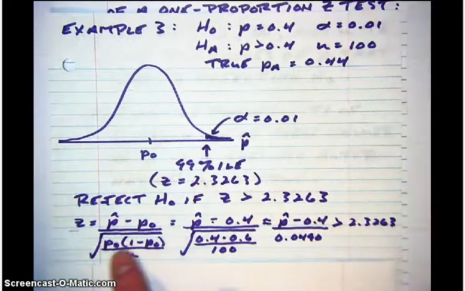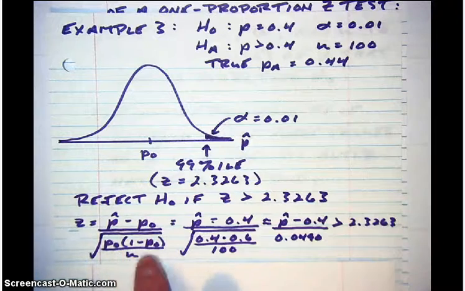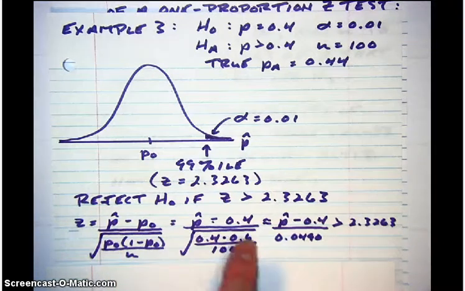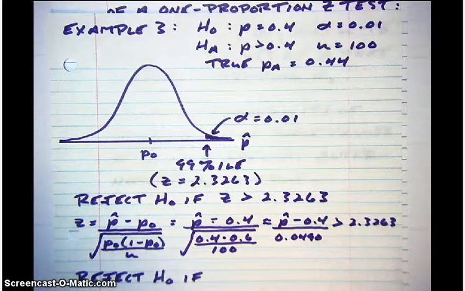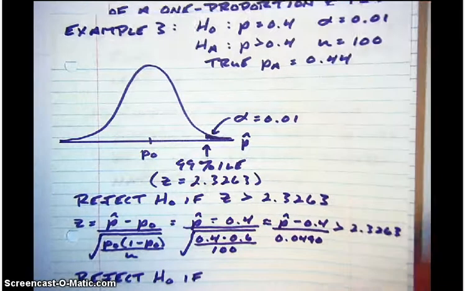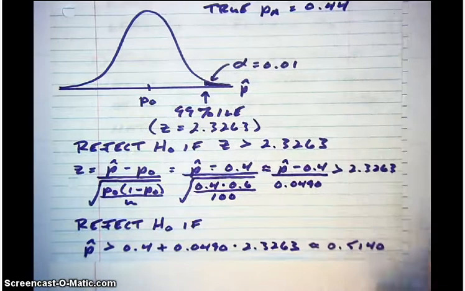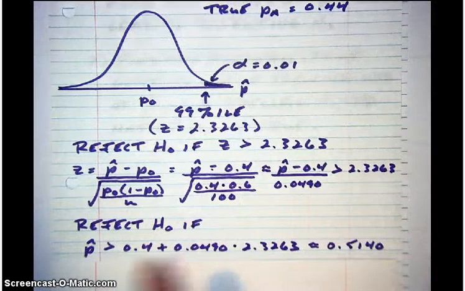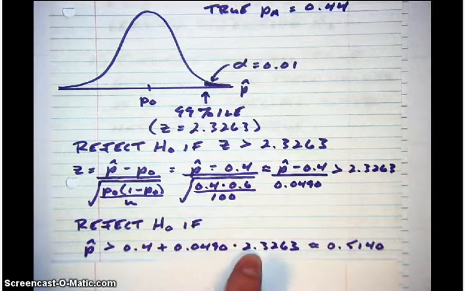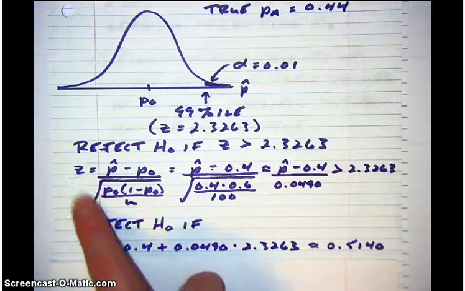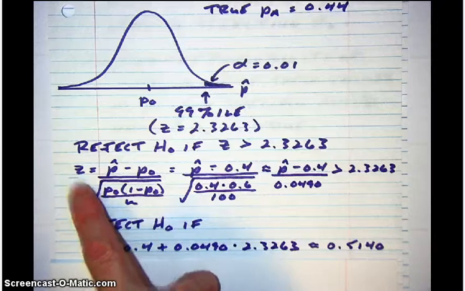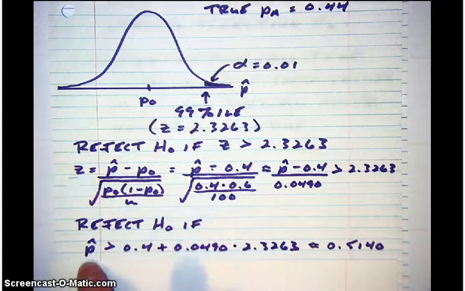I'm going to take my z-statistic, plug in all the values from p naught and n, and then figure out what p-hat has to be in order to satisfy this inequality. Well, those values of p-hat would be anything that's greater than 0.5140. I took the mean plus the standard deviation times the z, and I got that. So basically, I took this standardized z and I unstandardized it to get p-hat, so I'm working backwards.